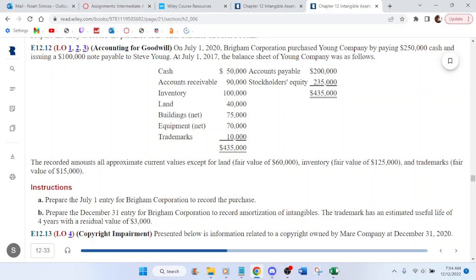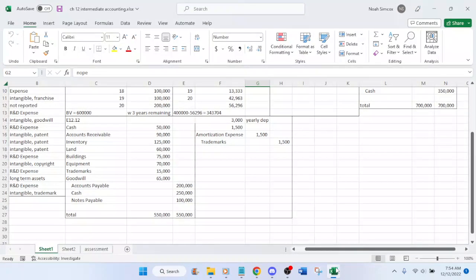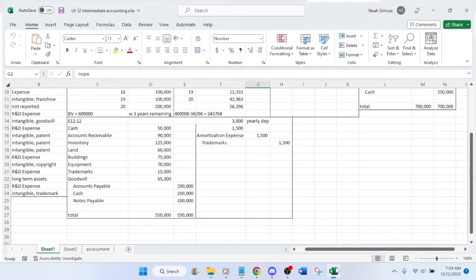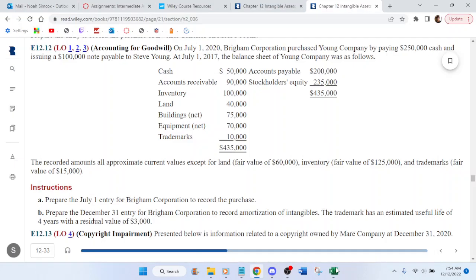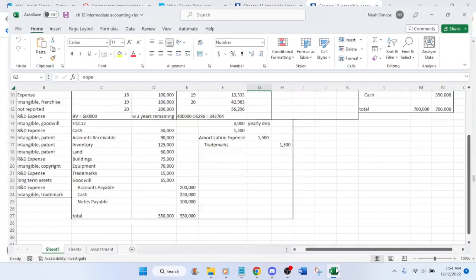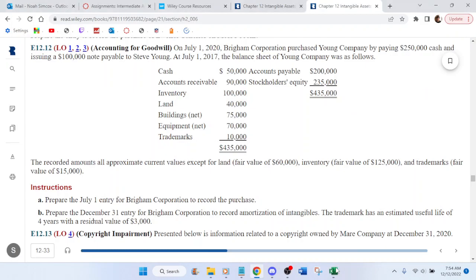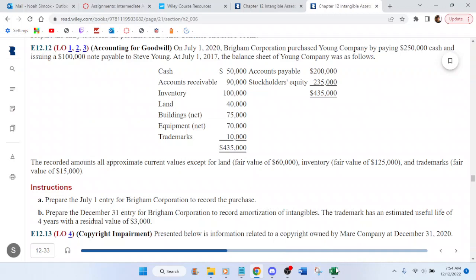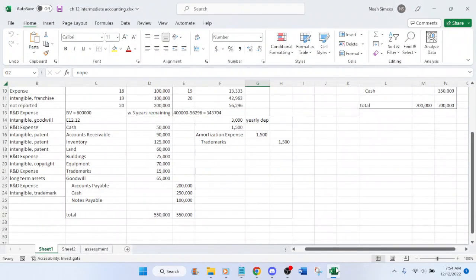Inventory is listed at $100,000, but we will list it at $125,000. Land is listed at $40,000, but we will list it at $60,000 in the exchange. Buildings is the same, $75,000. Equipment, $70,000. Trademarks will be listed at $15,000. And then we have accounts payable, $200,000.